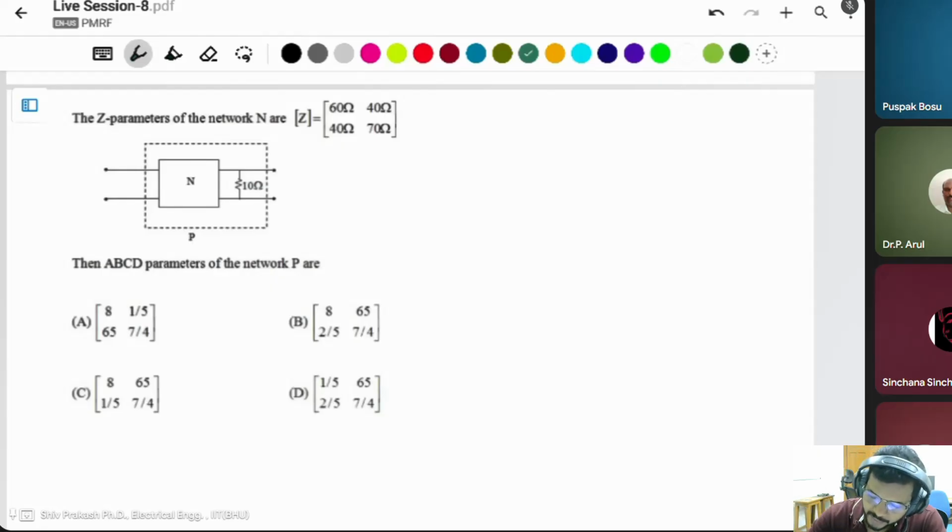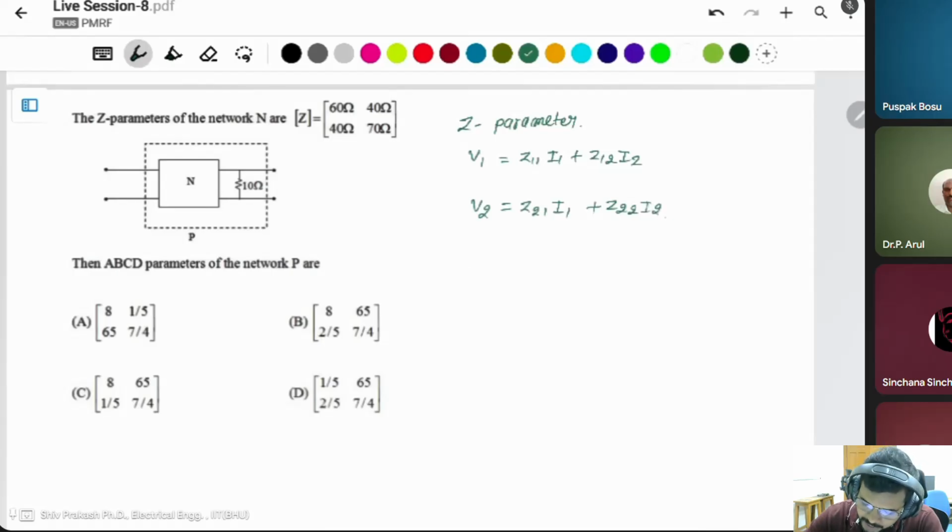First of all, the Z parameter. Z parameter is between V1 and V2. The equations are V1 equals Z11 I1 plus Z12 I2, and V2 equals Z21 I1 plus Z22 I2.